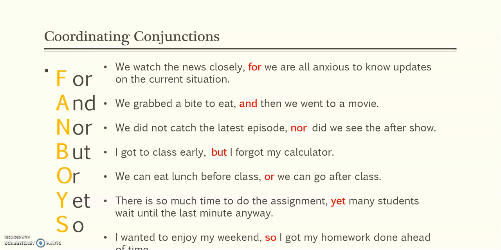If you look on the left side of the sentences, you'll notice that they are sentences all on their own. They're an independent clause, all have subjects, all have verbs, and all are complete thoughts. And if you look to the right of the red coordinating conjunctions, you'll also notice that these are all sentences as well, subjects, verbs, complete thoughts.